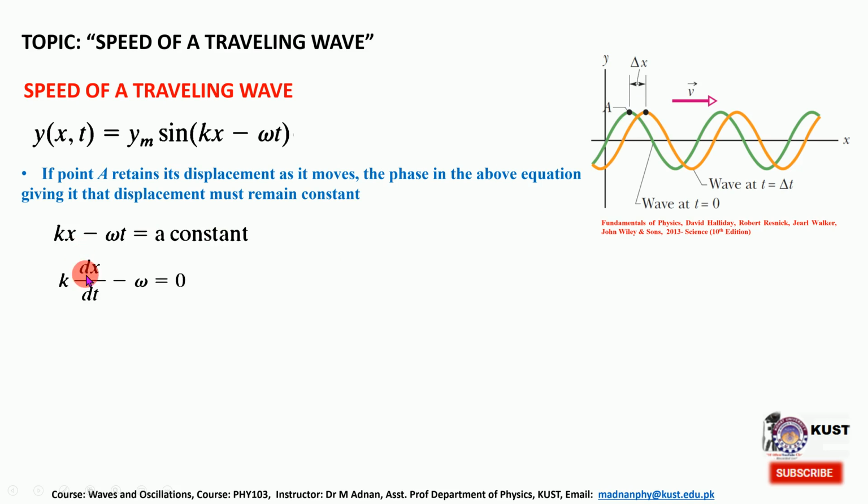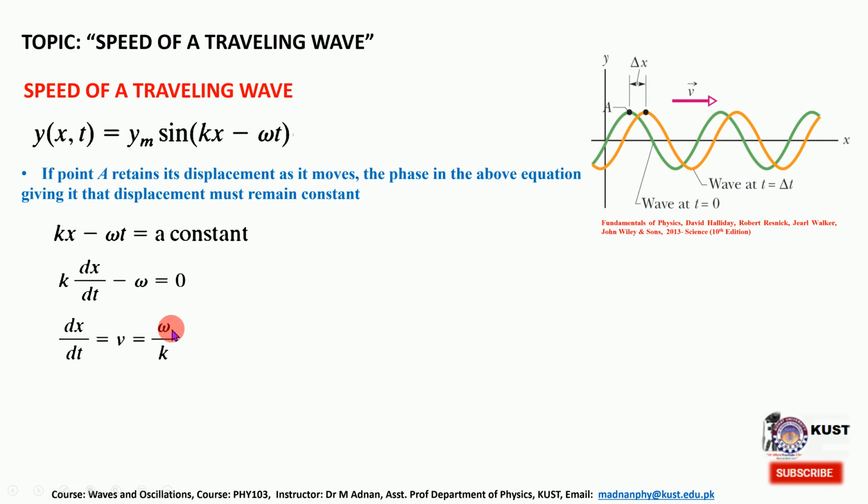So to calculate the velocity or the speed of that traveling wave, we need to differentiate this equation with respect to time, such that k, which is the angular wave number, times dx by dt minus omega equals zero. By definition dx by dt is velocity, and that will be equal to omega by k. So that will be the speed of a traveling wave.